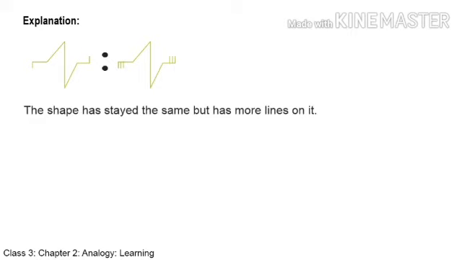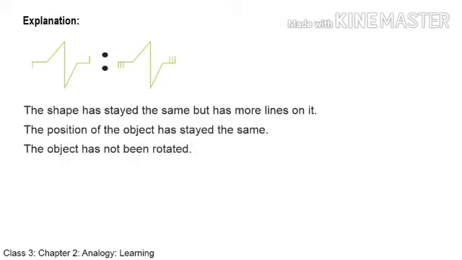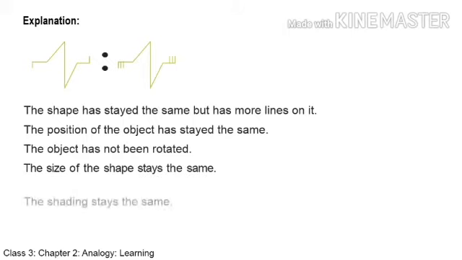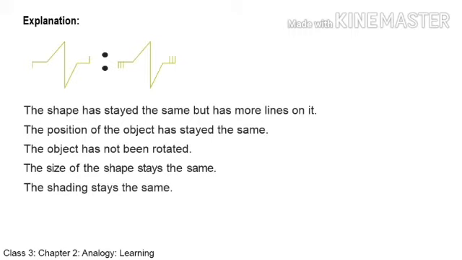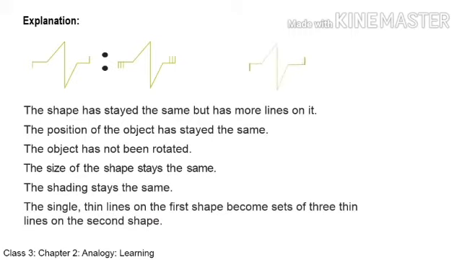Now let us look at the position. The position of the object has remained the same. The object has not been rotated. The size of the shape has not changed. Neither has the shading changed. But the single thin lines on the first shape become sets of 3 thin lines on the second shape.